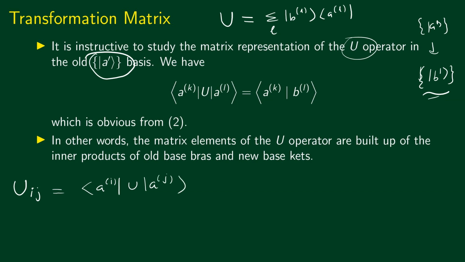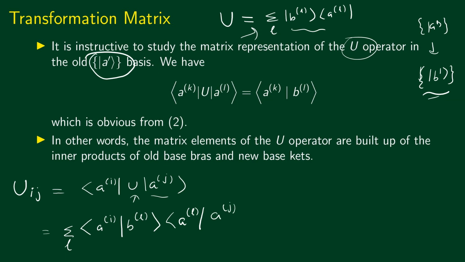This is how we define the matrix elements. Now we just substitute U from here. So this is equal to bra Ai, sum over L, ket BL, bra AL, and here I have got ket Aj.